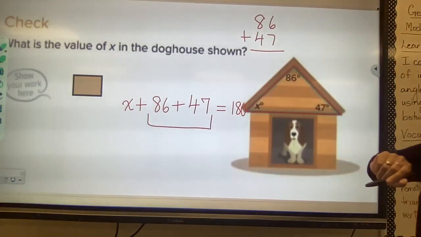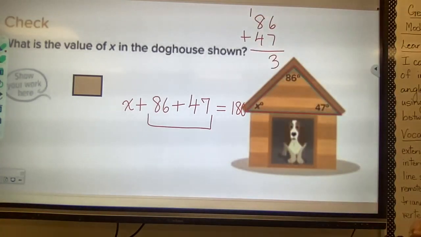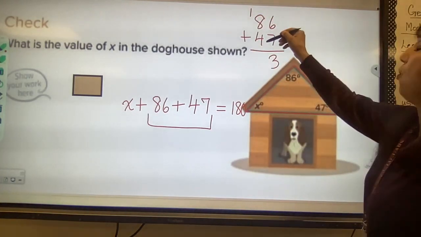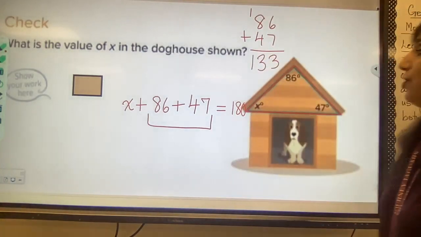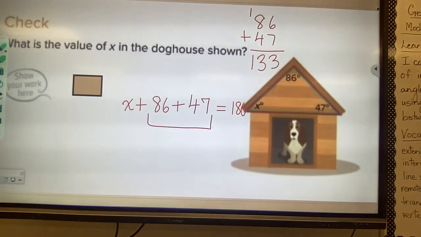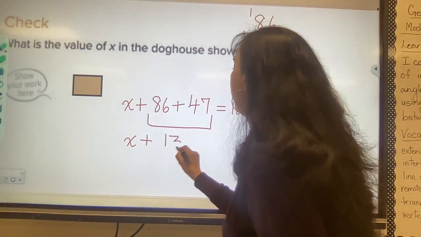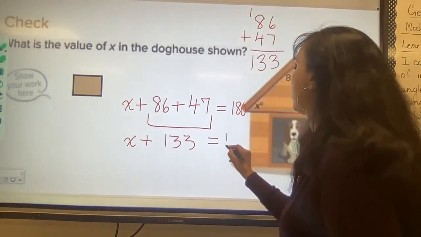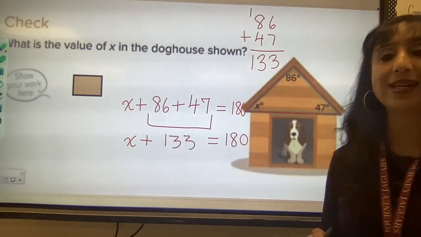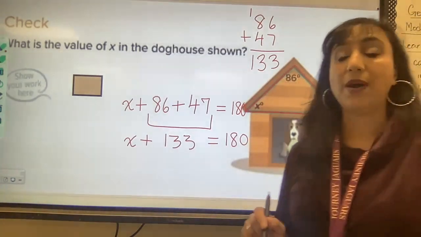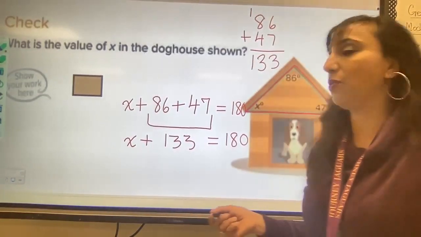What is 7 plus 6? That is going to give me 13. Carry over 1, right? And so 8 plus 4 is 12 plus 1, and I get 133. Okay, and so that means x plus 133 is equal to 180. And then I am going to subtract 133 by using the subtraction property of equality from both sides of the equation.